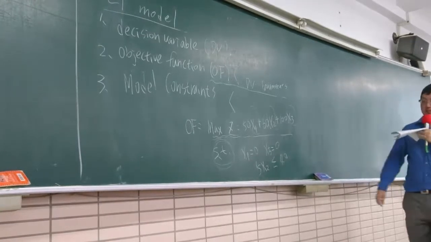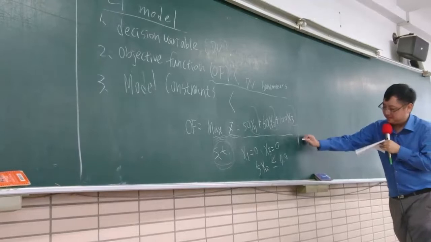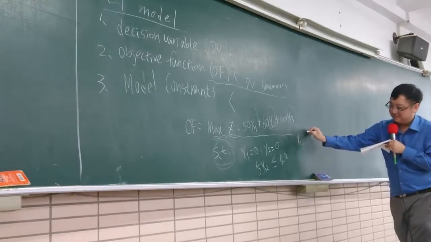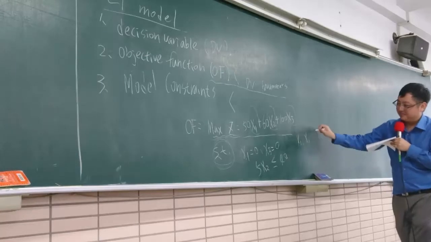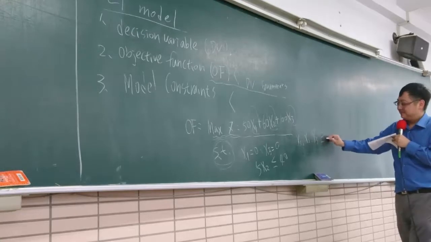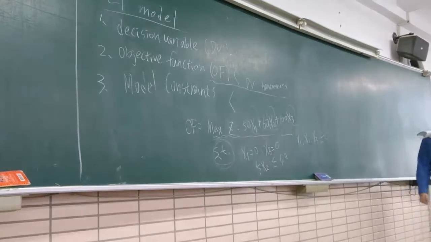You have to write this. Because it is impossible for us to have negative amount of product produced.